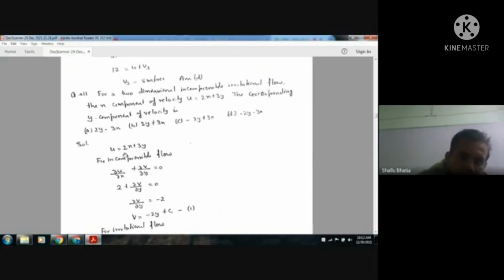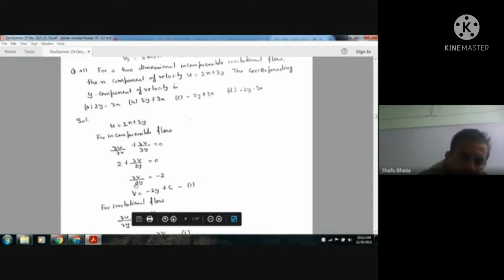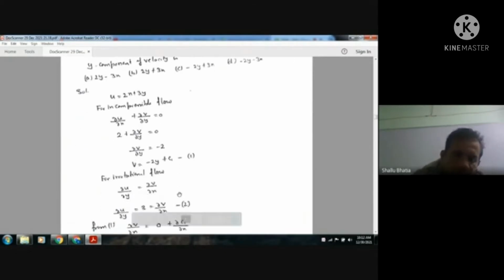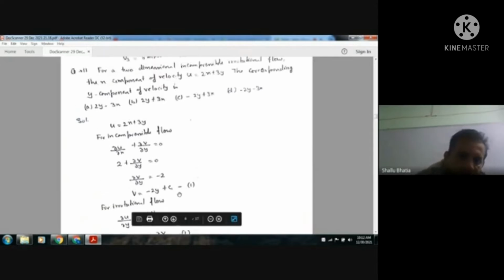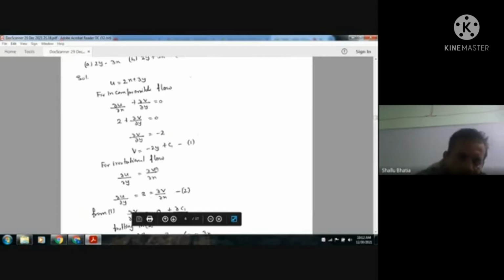Here curly u by curly x is 2, so curly v by curly y is minus 2. Integrating, we get v is equal to minus 2y plus c1. This is equation number 1. Now for an irrotational flow, curly u by curly y is equal to curly v by curly x.